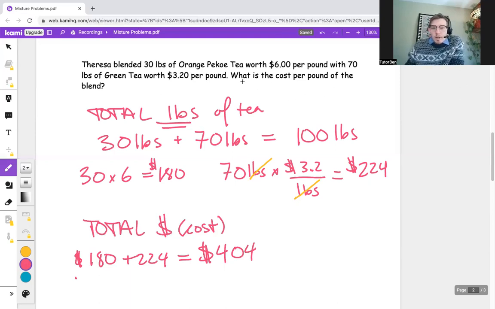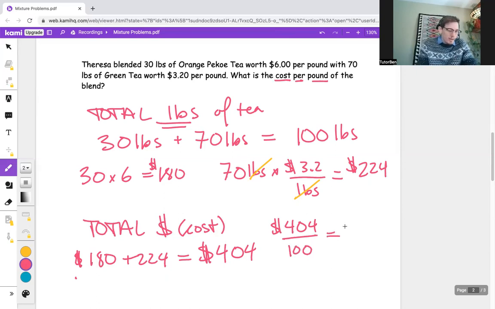Now we can answer our final question, what is the cost per pound of the blend? So cost per pound, this kind of tells you which numbers we're going to divide. It's the cost, which is our dollars, over the pounds. So we take $404. We're curious about the price per 100 pounds.